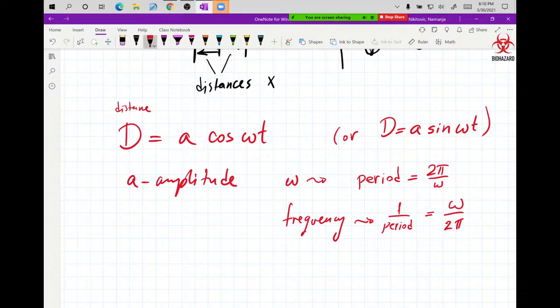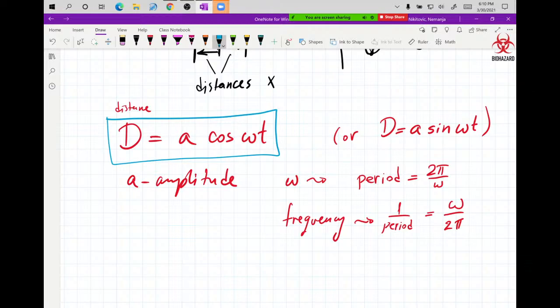It's upside down. All right, so there's our equation for simple harmonic motion, and then we have all of the other stuff around that equation to explain and help us with the equation.